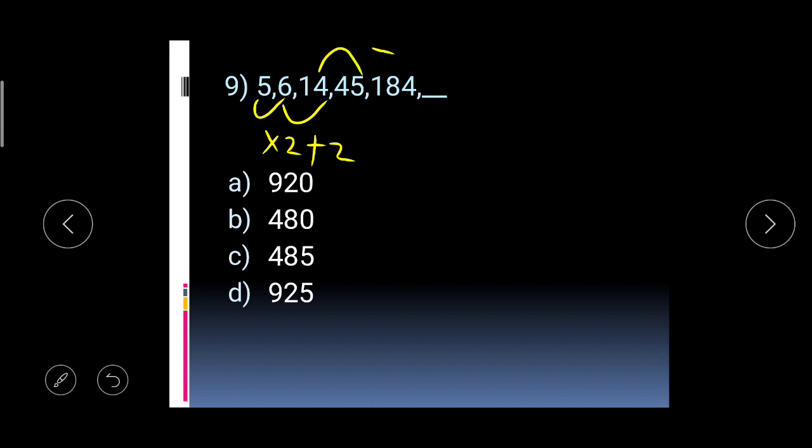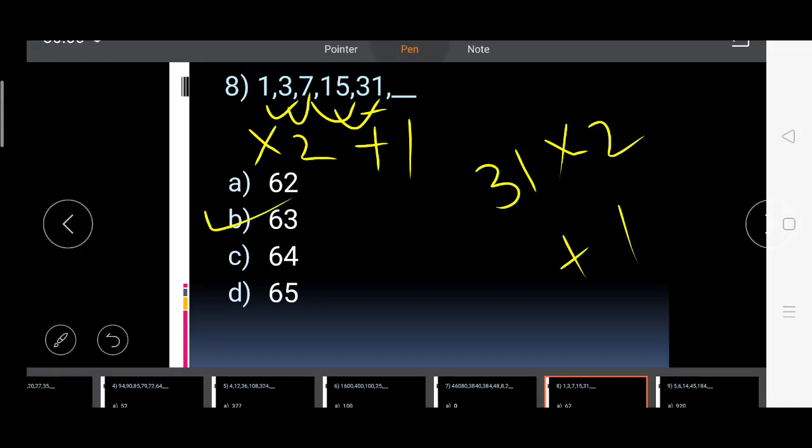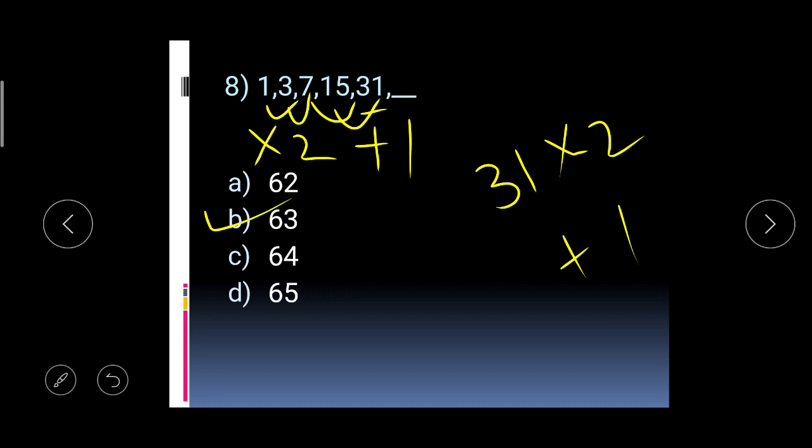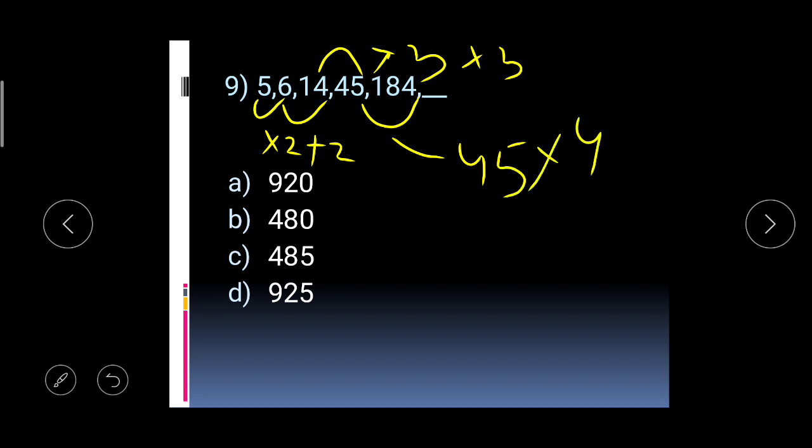Can I say that it is multiplying by 3 and adding 3, right? 14 threes are 42 plus 3, right? 45, 184, that means 45 into 4 plus 4. 45 into 4 is giving me what? 180, and 180 plus 4 is 184.